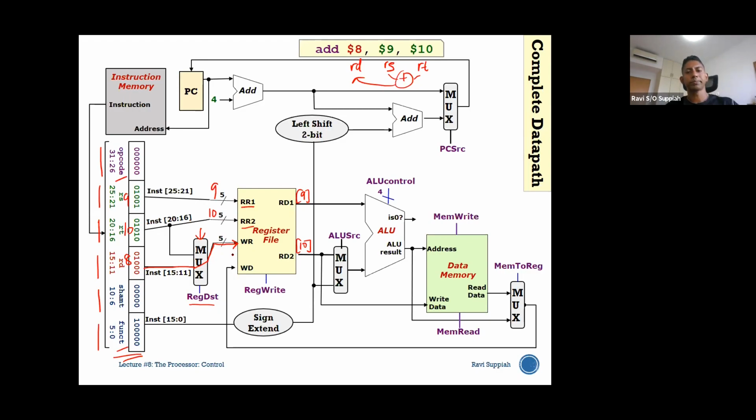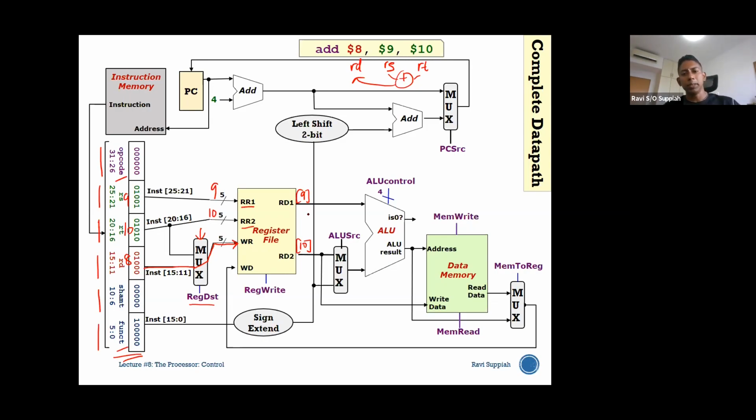In this case, for this instruction, I need to make sure that register destination selects the bits on the second entry over here, and those bits are passed over as the write register to the register file.